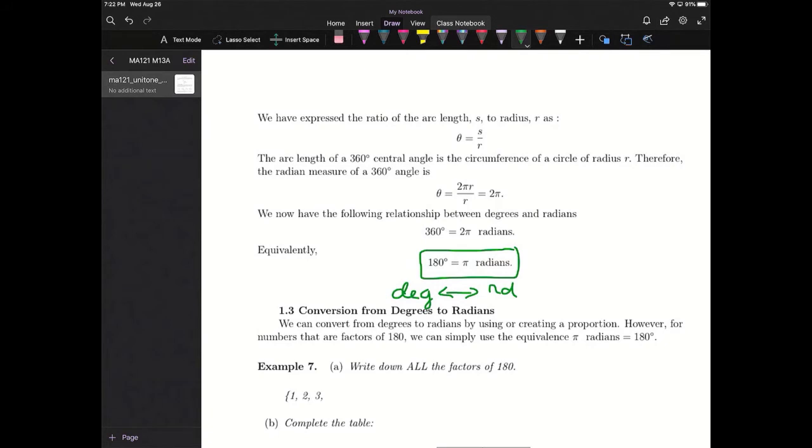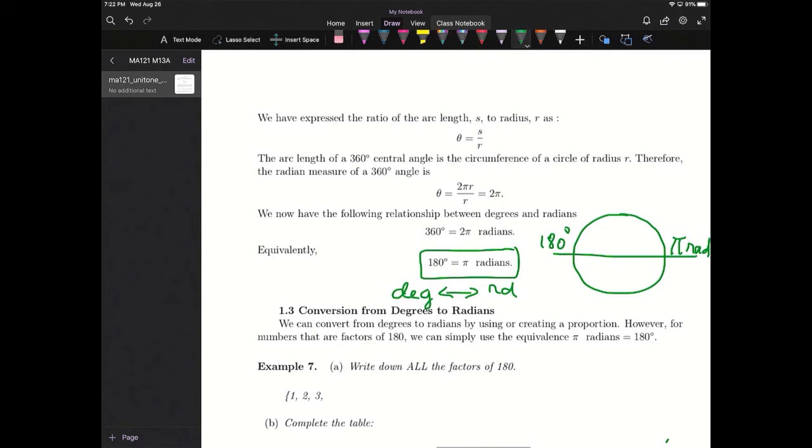Meaning, if you look at the circle, half a rotation, half of the circle, which is 180 degrees, is the same thing as pi, about 3.14, expressed in radians. So that is the measure in radians of 180 degrees.